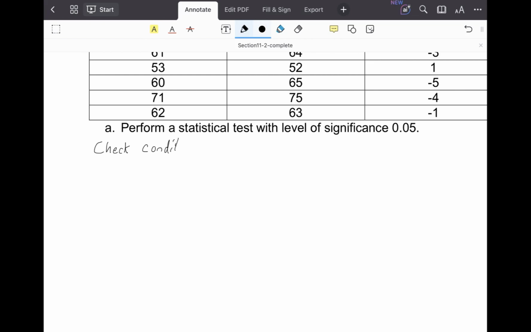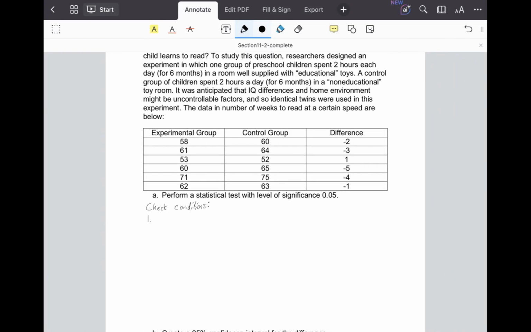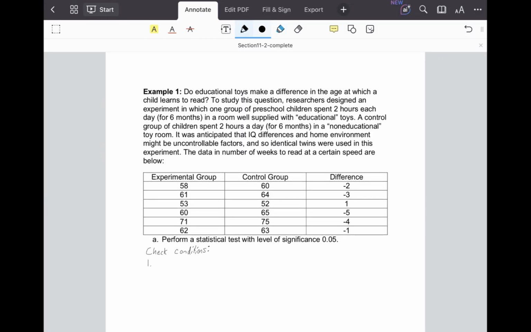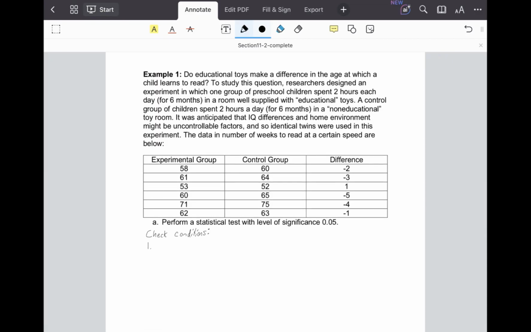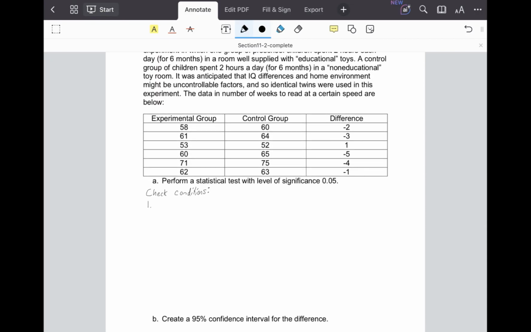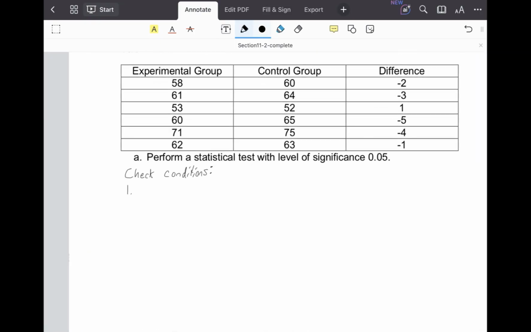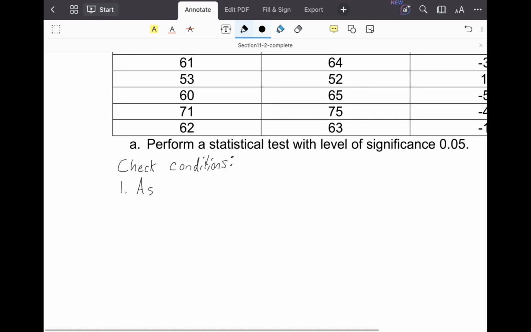And for this one, does it say random sampling? It doesn't really say random sampling, but we can assume that they used random sampling. They probably did. If not, that would be a good thing to discuss with them.